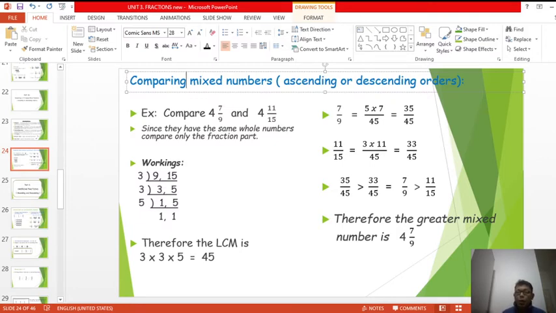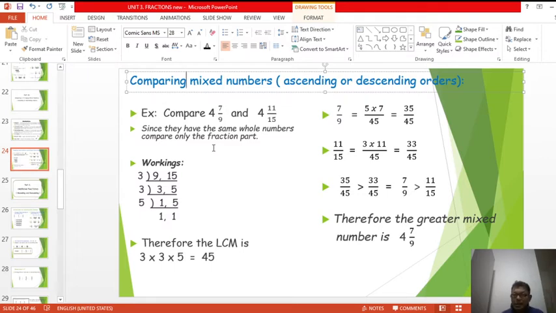When you have mixed numbers with the same whole number, because if the whole numbers are different, it's easy to identify. But here we have two of the same whole numbers, it's very easy. All you have to do is the same thing you did in the previous lesson.